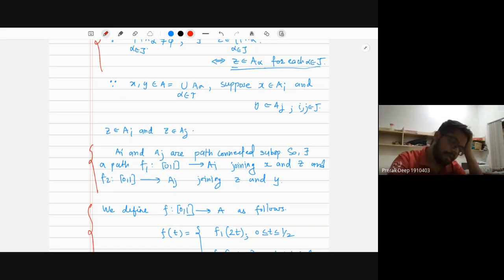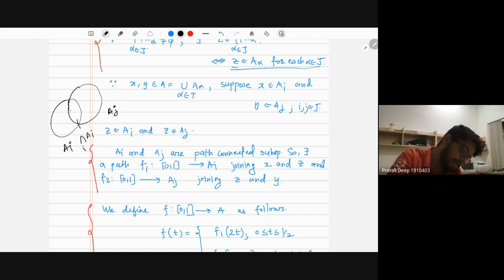So that point is your connecting point between any two arbitrary points. In pictures, let's say this is your space ai, this is your space aj, and this is the common intersection space, the intersection over all the A alphas.